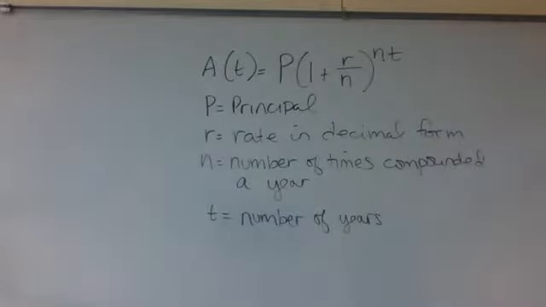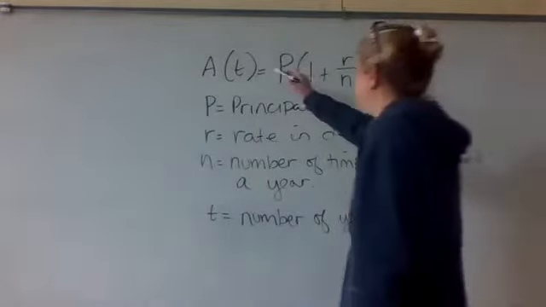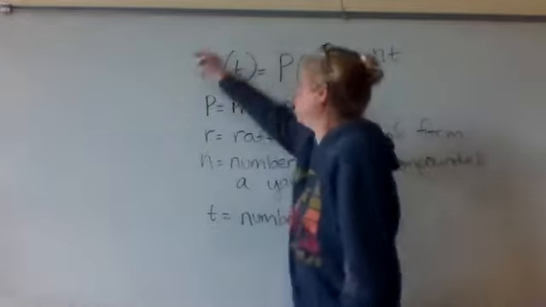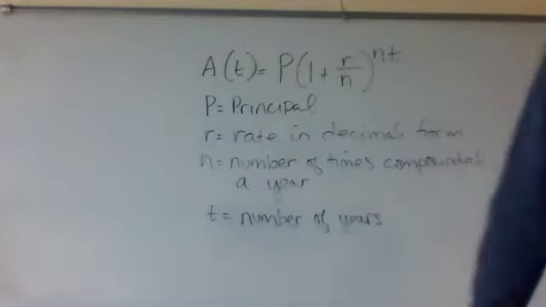Okay, so there's what all the information in that formula means. The answer will be the A of t. That's going to be your end result, how much you're going to have at the end.